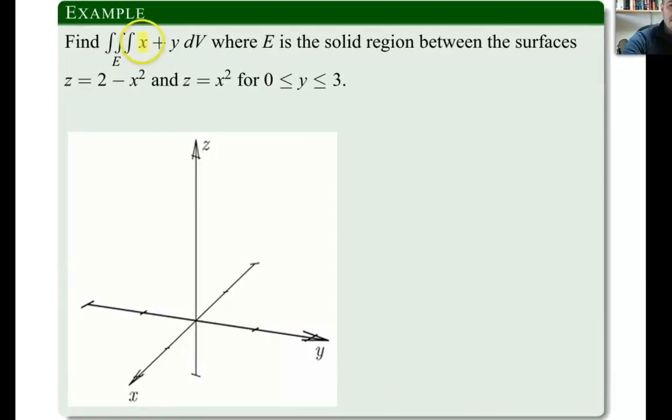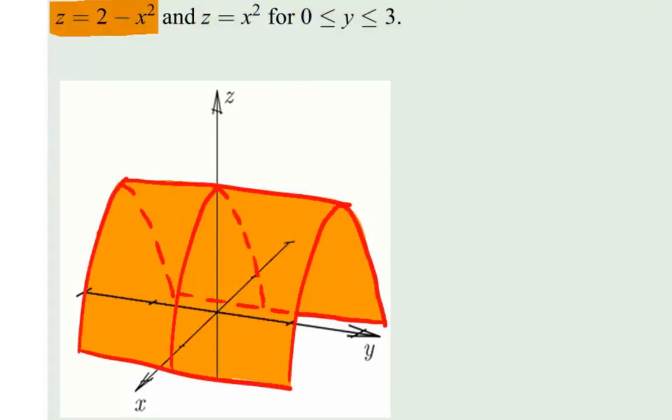Suppose that we're integrating this function over the region E, and the region E is the solid between these two surfaces when y goes from 0 to 3. So first of all, we have to visualize how this solid looks. z equal to 2 minus x squared is a parabolic cylinder, just like in the picture.